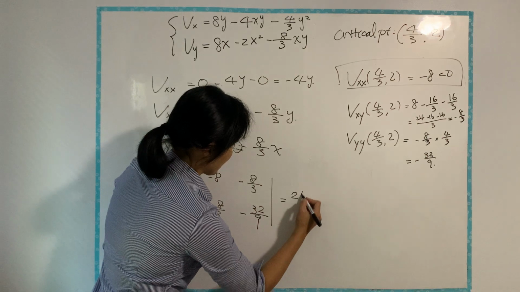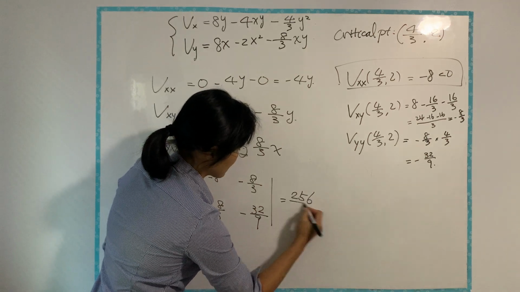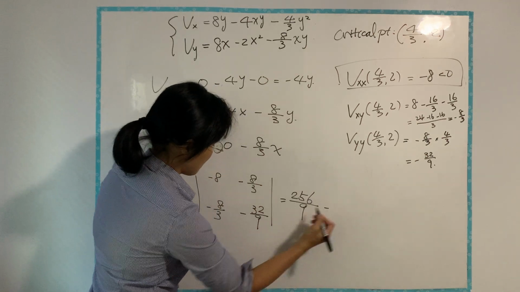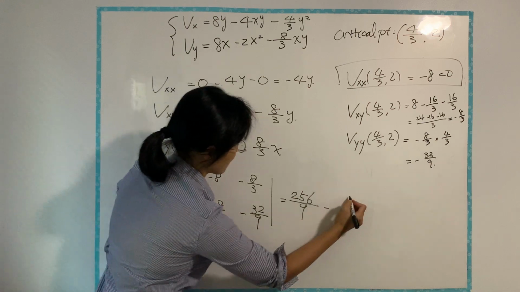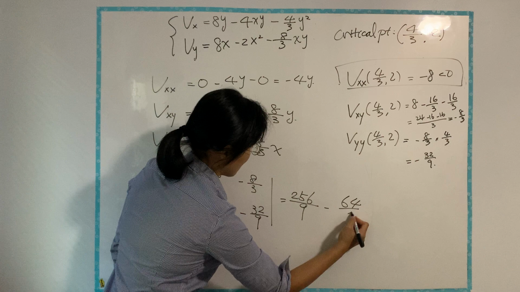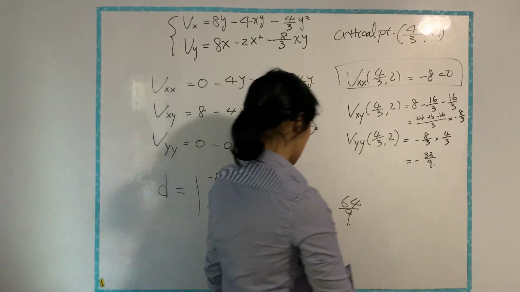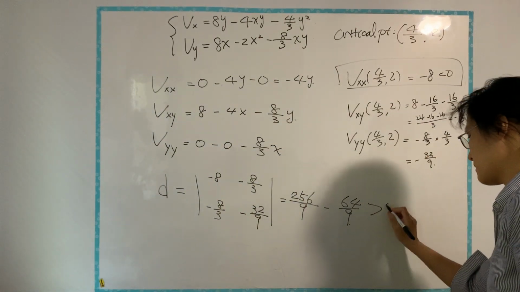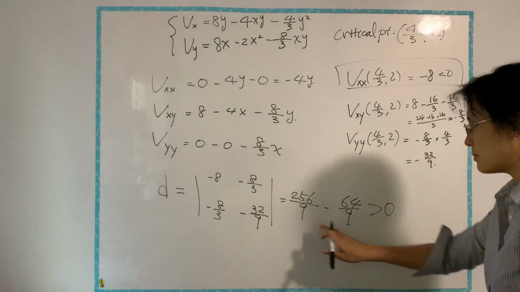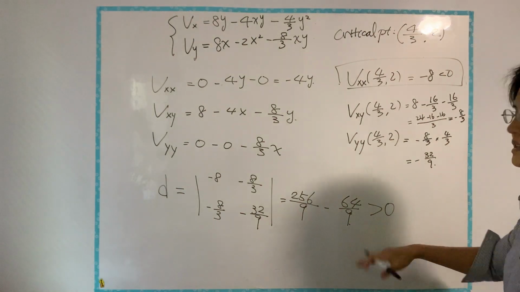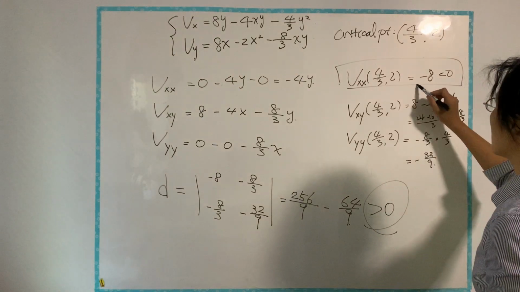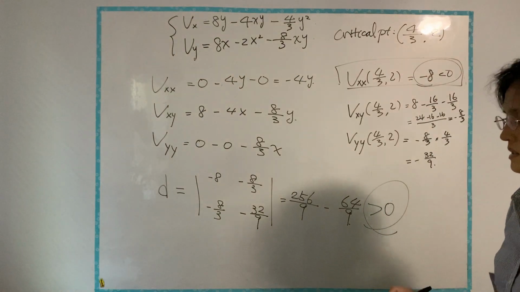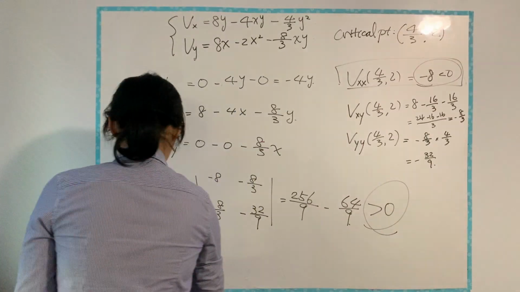So I have 256/9 minus the multiplication of these two numbers. So that's 64/9. All right, so apparently this will be a positive number. I don't really care about the value. I just want to know whether it's a positive or negative. So D positive together with V_xx negative, what do I have?